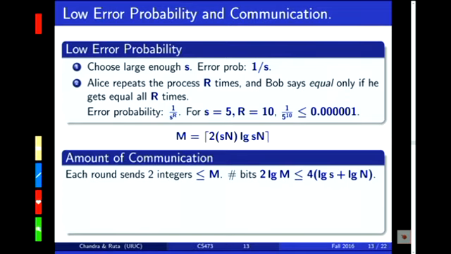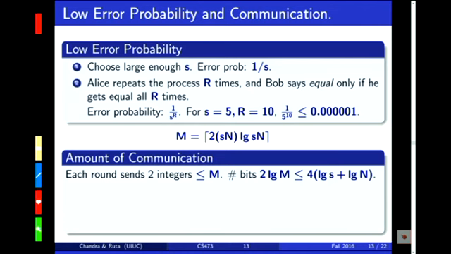Now, how much communication did we do? Let's put things into perspective. So, m was this number, and in each round, we just discussed that there are 2 integers that Alice is sending. Each integer is at most m, so you can represent each integer by log m bits.